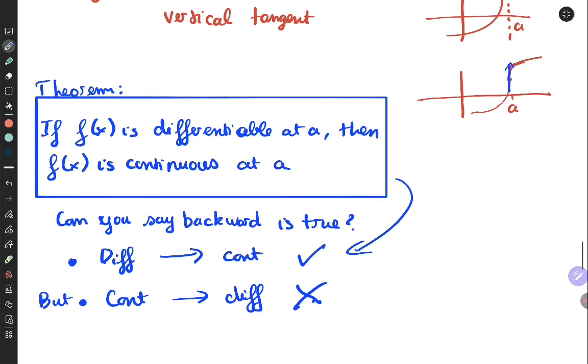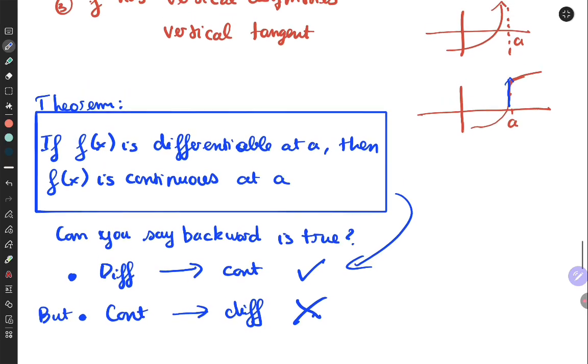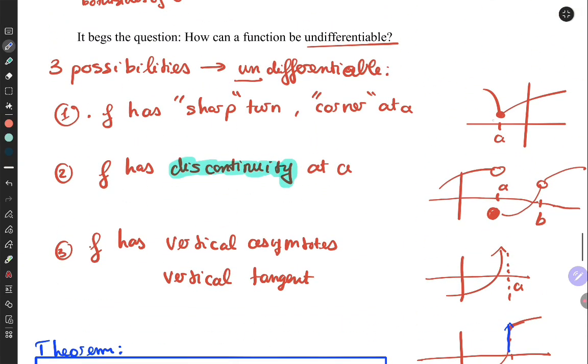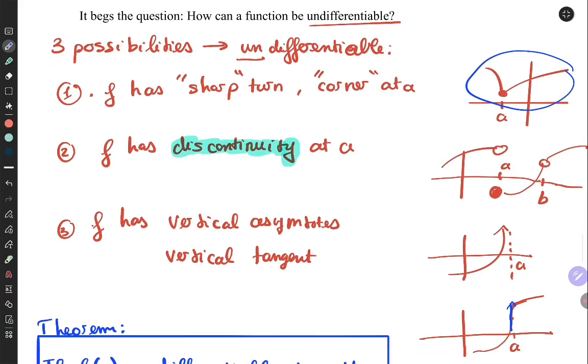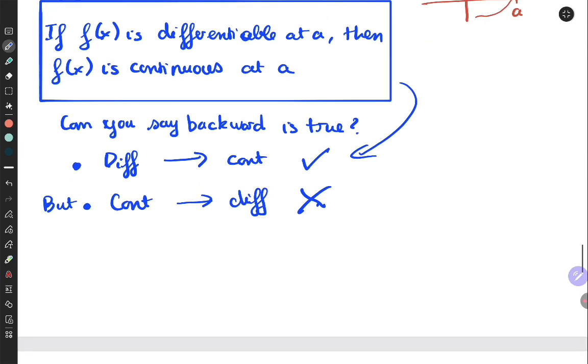Right here. Look at that red one. Continuous. Is it differentiable right there? One of the three scenarios. Right here. Continuous, right? Differentiable or not? No. So keep that important theory in mind here.